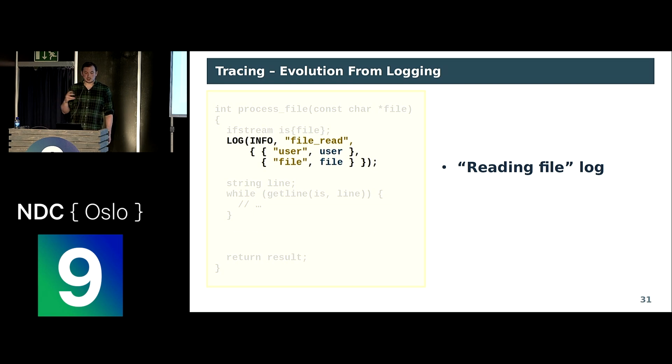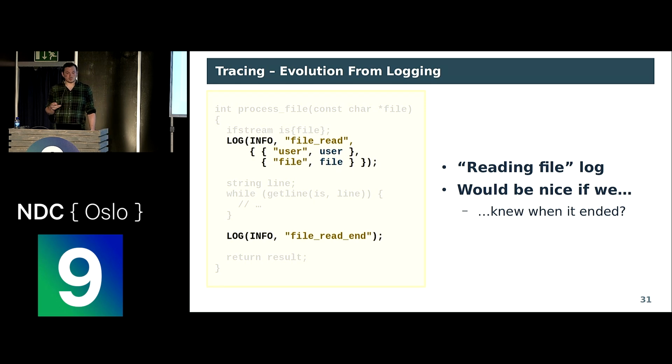Later on, we might decide that we want to know when we finished reading that file, so we can work out how long it took, or the error that might have come out of the operation. Did it succeed or did it fail? Did we get an error processing some data in the file? Did the file not exist? So we add some logging to when the operation ended. And now this starts to look an awful lot like tracing.